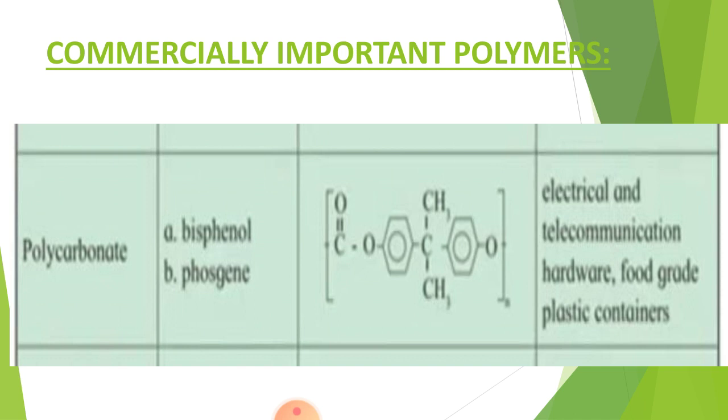So your polymer polycarbonate is prepared by two different monomers, bisphenol and phosgene.